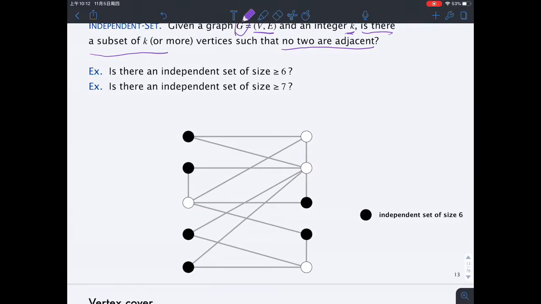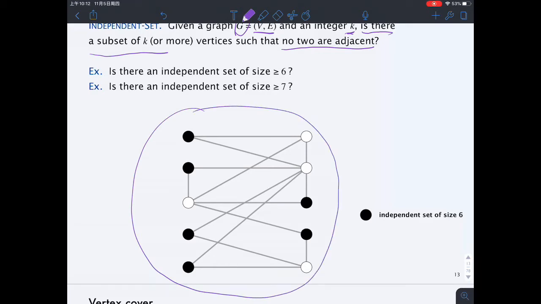For instance, if we look at this graph, let's ask a very concrete question: is there an independent set of size 6?